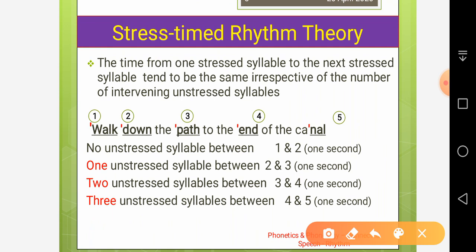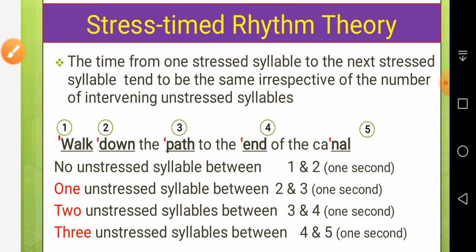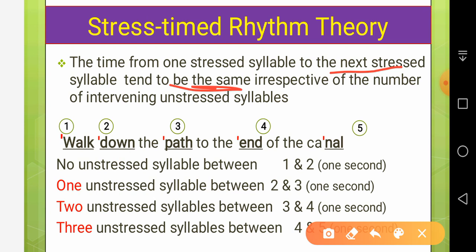Now here is an example. Some people have developed a theory known as stress time rhythm theory. So what does this theory say? Let me magnify the screen. People who advocate this theory say that the time from one stressed syllable to the next stressed syllable tends to be the same irrespective of the number of intervening unstressed syllables.